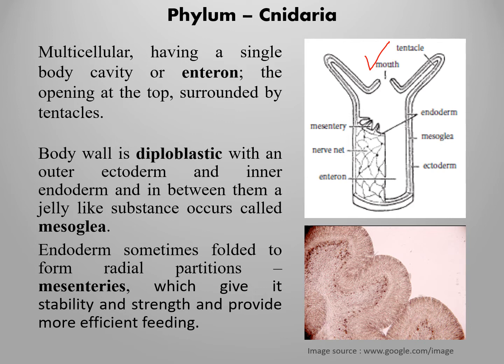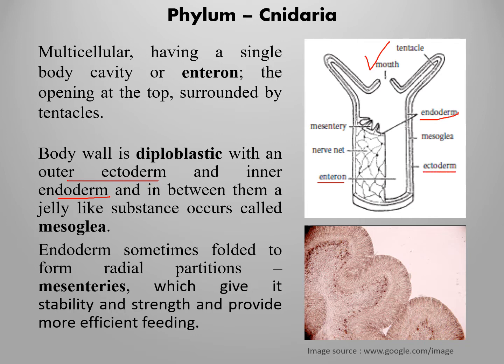Now the body of Cnidarians is typically diploblastic. That means they have two layers. One is the outer ectoderm, another is the inner endoderm. Here you can see this is the endoderm, the innermost layer, and this is the enteron, that is the body cavity within the endoderm, and the outermost is the ectoderm.